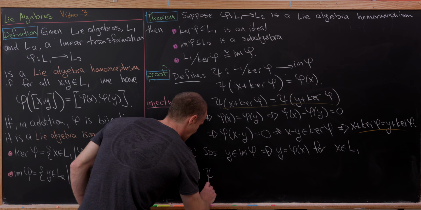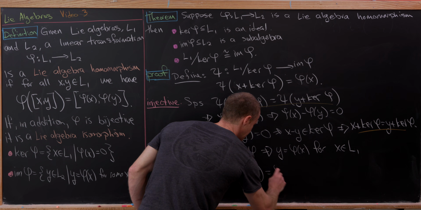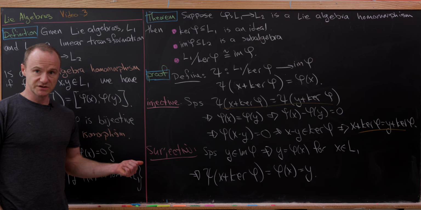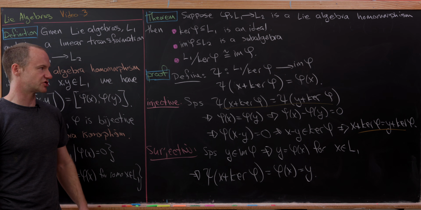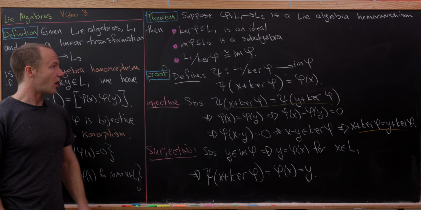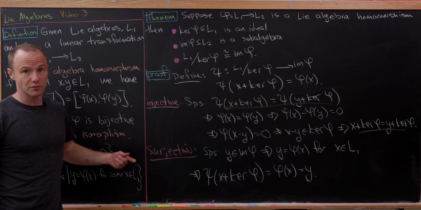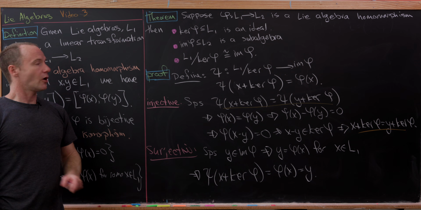So we'll do psi of x plus the kernel of phi. Well, that's going to be equal to phi of x, but that's going to be equal to y. So we landed on an arbitrary element of the image, meaning that it's surjective. So now we've covered all of the bases for this psi to be an isomorphism, which means, yes, these two are isomorphic. Okay, so let's move on.